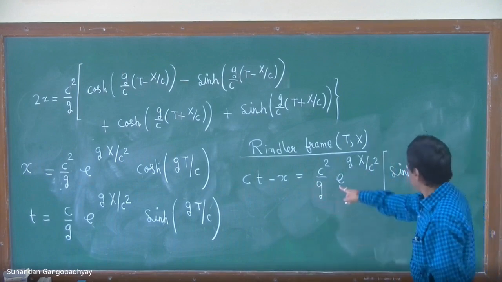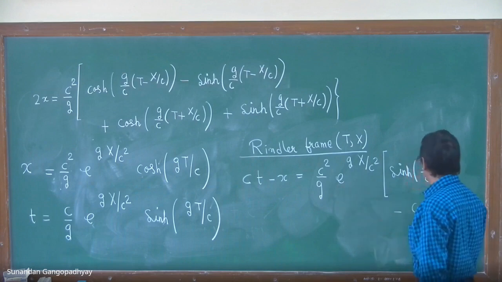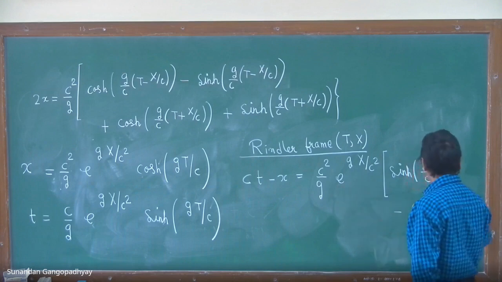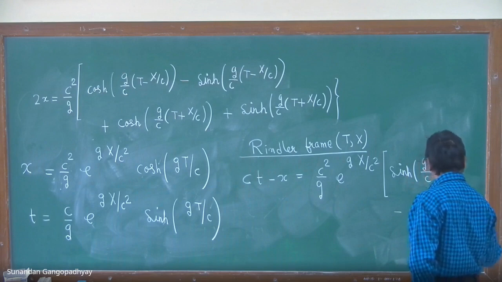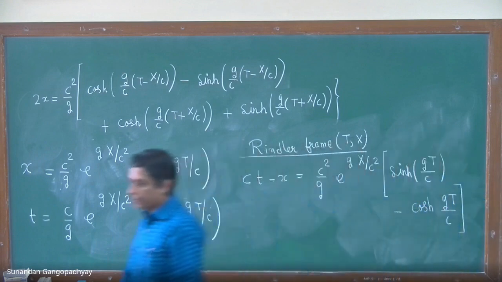So you have taken these factors out. So cosine hyperbolic, right? This is what you will get.